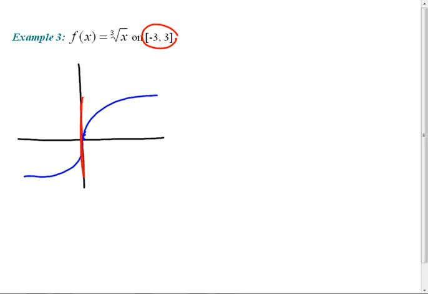But sometimes you may not see that. So how do you know it's not differentiable? What does the algebra look like? This is a vertical tangent, which means it's not differentiable there. What about in between negative 3 and 3?